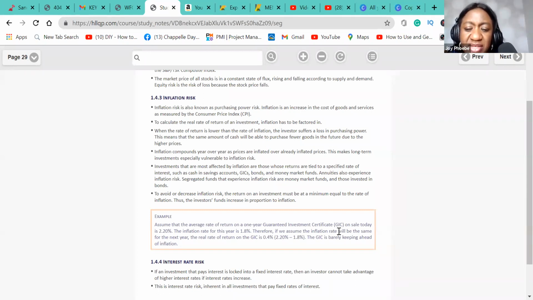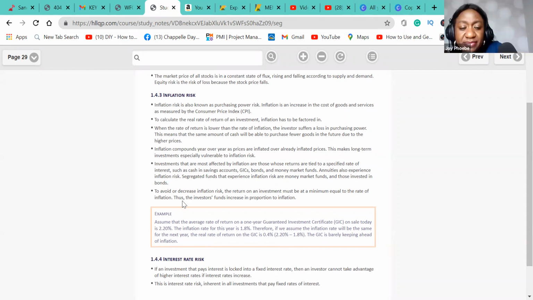Therefore, if we assume the inflation rate will be the same next year, then the real rate of return will be 0.4%, because it will be 2.20 minus 1.8. Makes sense, right?